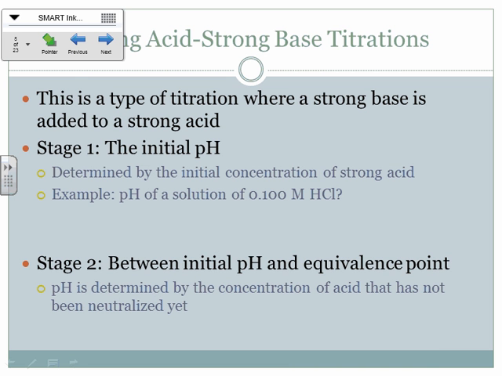So stage 1 is actually a pretty easy calculation, and we've done this quite a bit before. All you have to do is look at the initial concentration of the strong acid, and you can figure out the pH. So how do we figure out the pH of a solution if it's 0.1 molar hydrochloric acid? See, now there's too many things to remember.